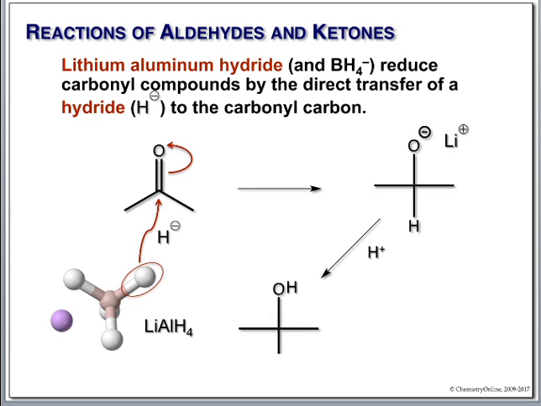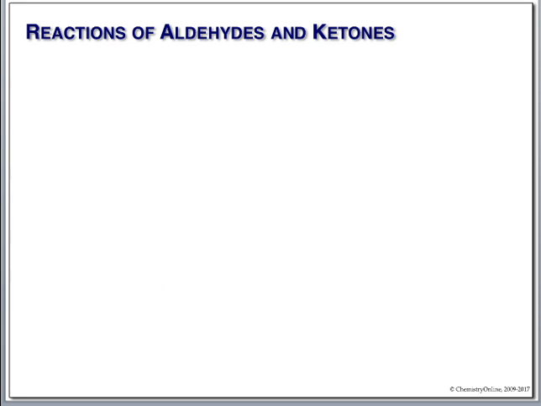We pick up a proton, and we simply make the alcohol. Lithium aluminum hydride is a wonderful reagent. It is, however, somewhat dangerous to use. It's flammable in air. You have to do the reaction in ether. Ether itself is explosive, and so you have to be really careful with it.